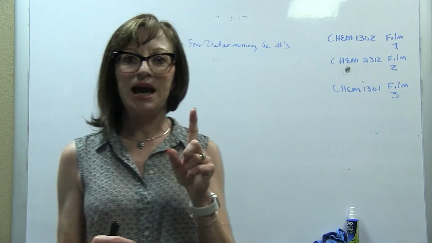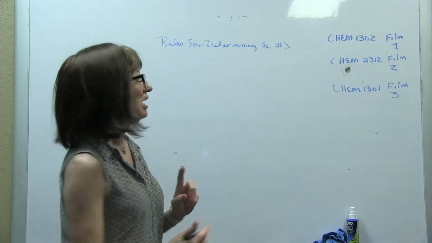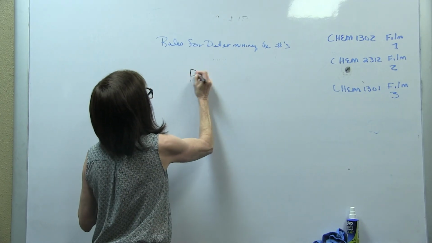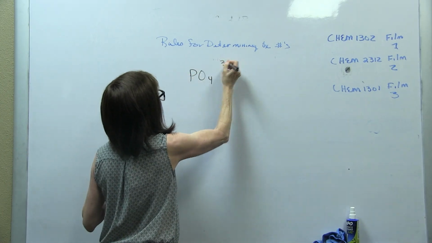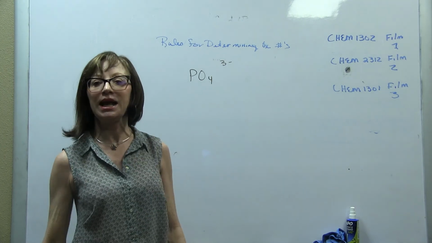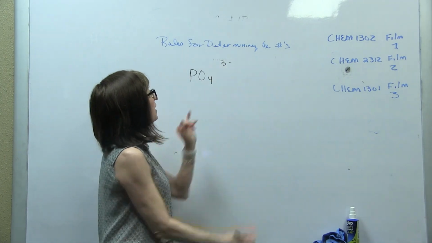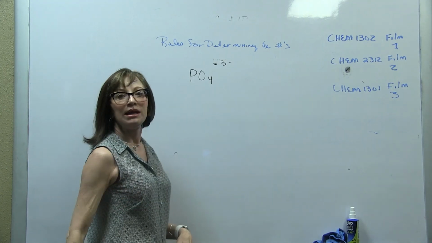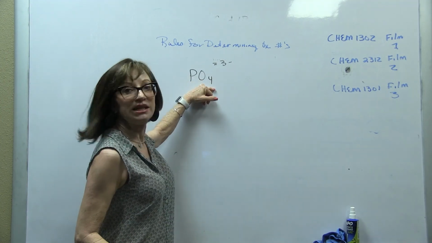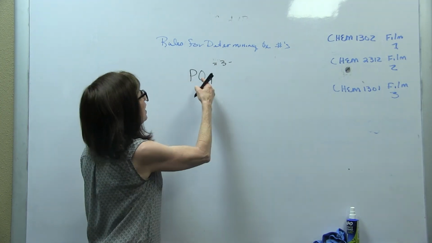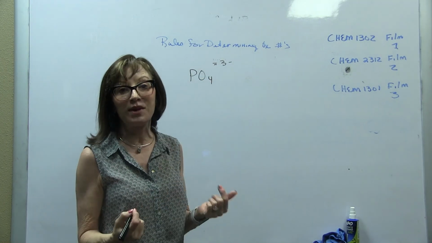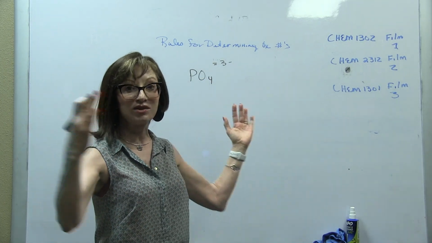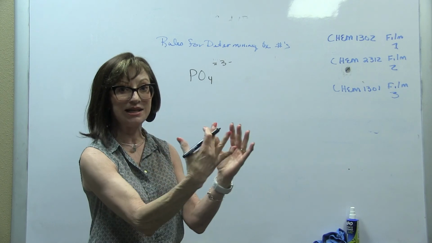Okay, so now, one more thing. Let's look at this. PO4 3 minus. The phosphate polyatomic anion, total charge minus 3. That's what the sum of these oxidation states must be. So I'm going to do my oxygen before my phosphorus. I work out, then I come in on the periodic table.